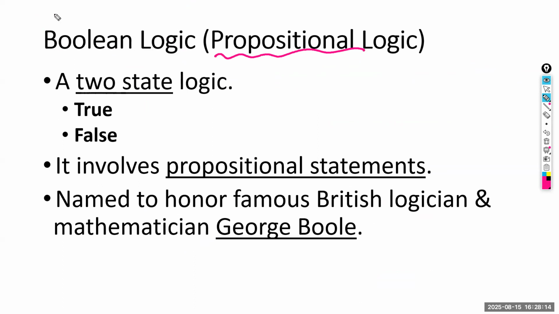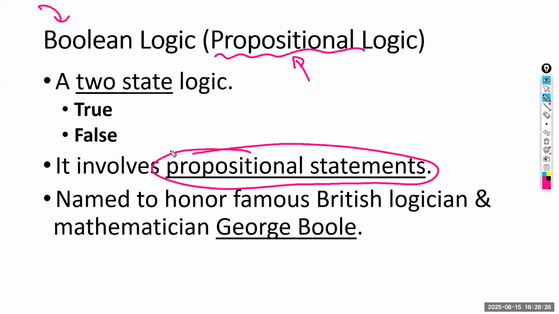Of course, Boolean logic is named as a credit to that mathematician. Propositional logic is because it's based on propositions or propositional statements. Because we can apply Boolean logic only to propositional statements.